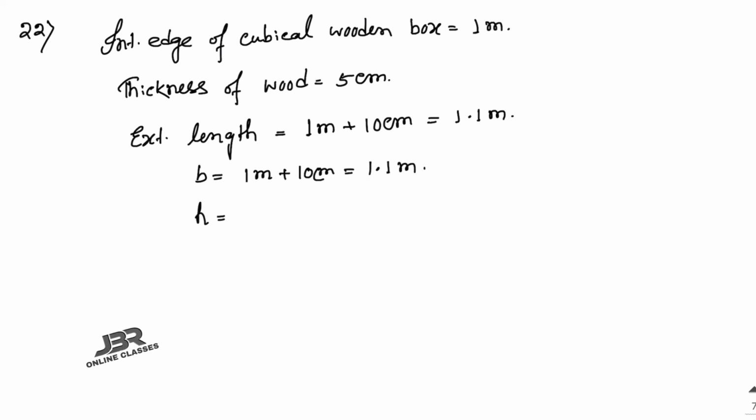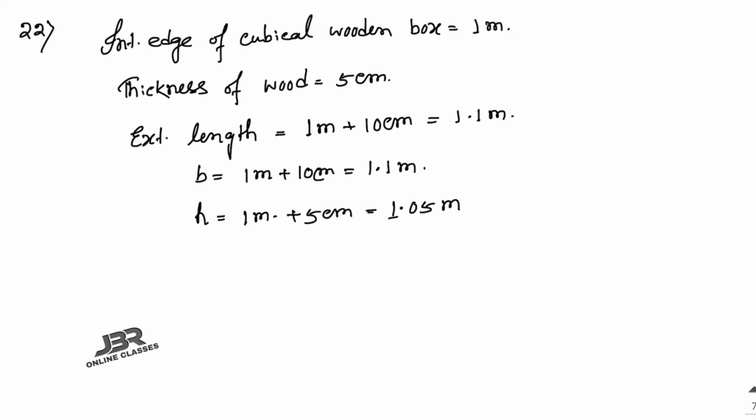And for the height you have to add 1 meter and 5 centimeter, because the top of the box is open. So that's why you have to add only 5 centimeter, so it's 1.05 meter. So these are the external length, breadth and height.